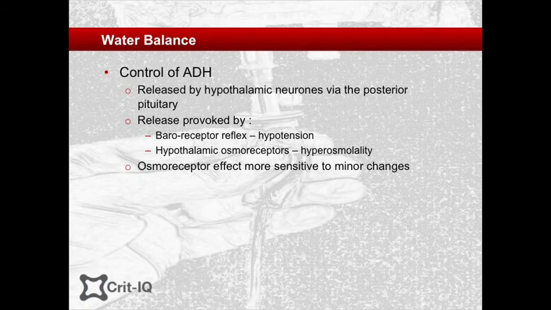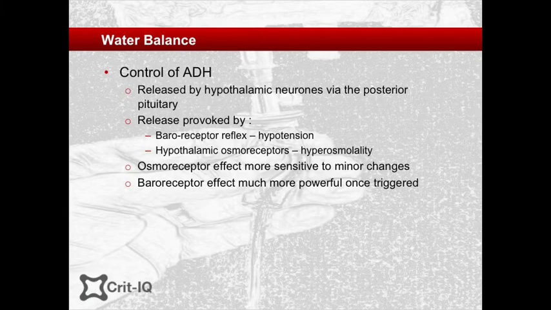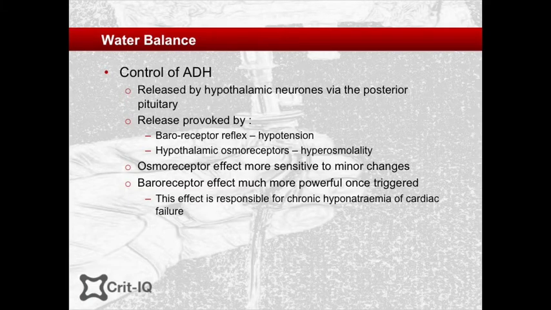Normally, if osmoreceptor and baroreceptor stimuli oppose each other, the osmoreceptors will override, meaning that osmoreceptors can respond to a 1% change in baseline variation, whereas baroreceptors only respond to larger changes. However, larger drops in blood pressure in spite of a low osmolality will cause volume reabsorption to take precedence over osmolality. This has clinical relevance in the hyponatremia associated with low flow states, such as in chronic heart failure.